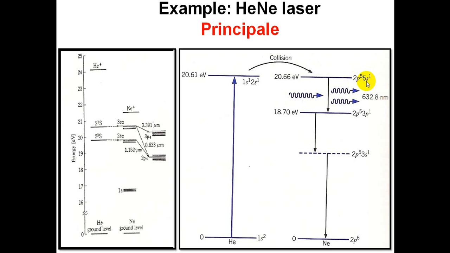Therefore, they serve as metastable states and are used in achieving the condition of population inversion between S and P states, which results in laser emission with 3390 angstrom and 6328 angstrom wavelength laser radiations.